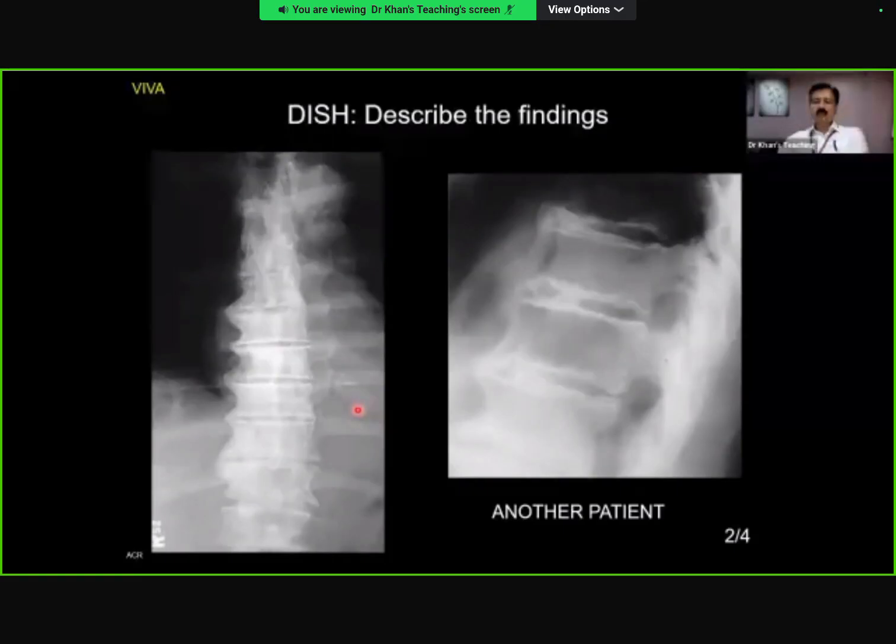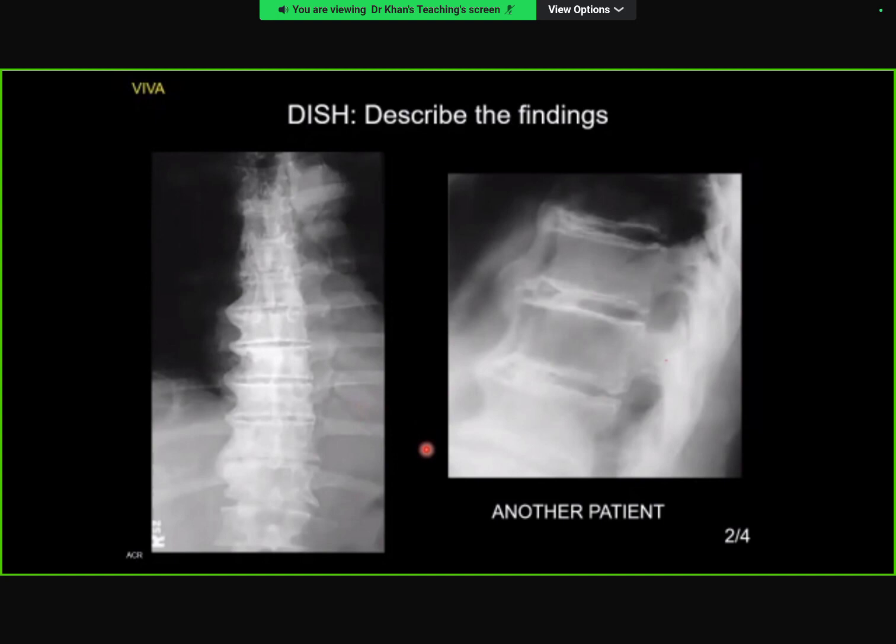Does anything ring a bell with you regarding the aorta? No, I'm talking about DISH, and I'm asking you how that affects the appearance. Okay, I'm not sure. Yeah, that's fine. Don't worry.